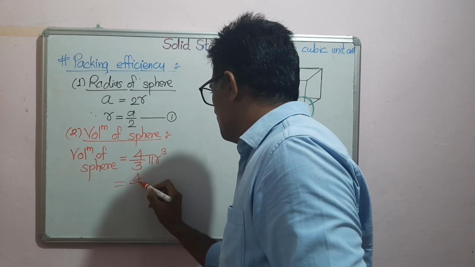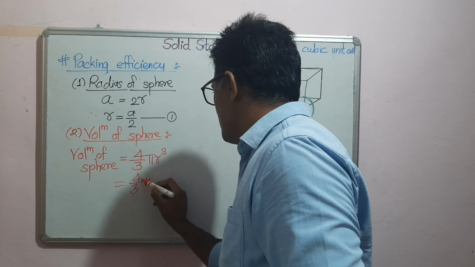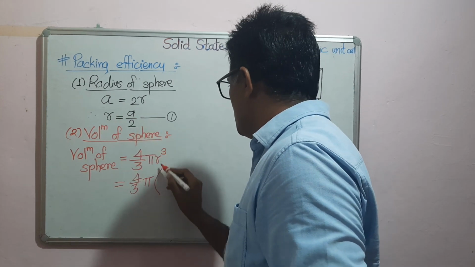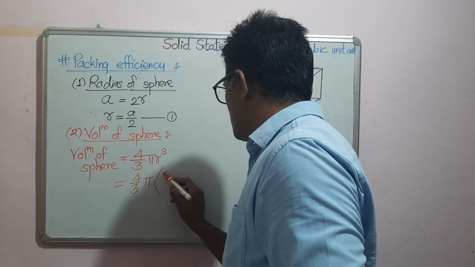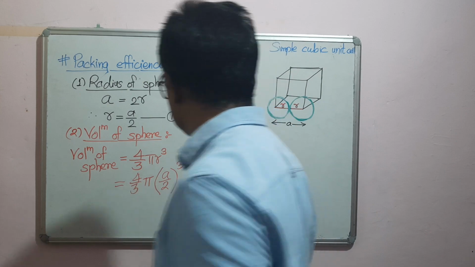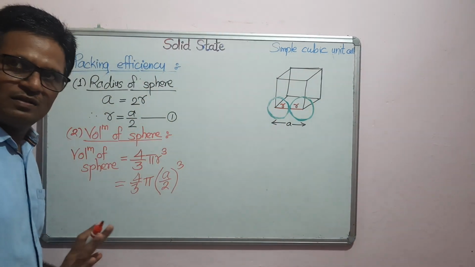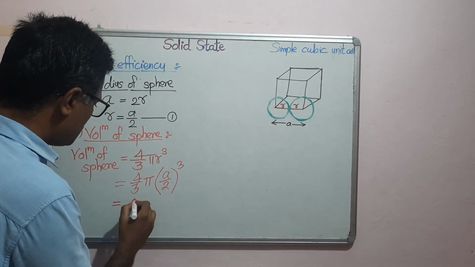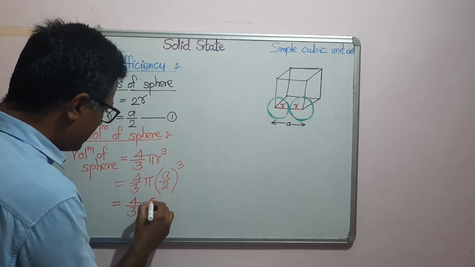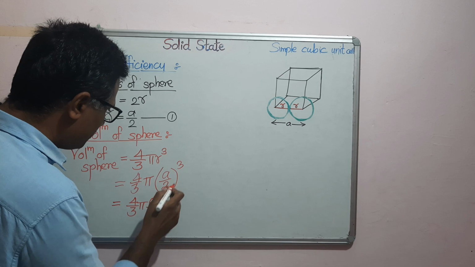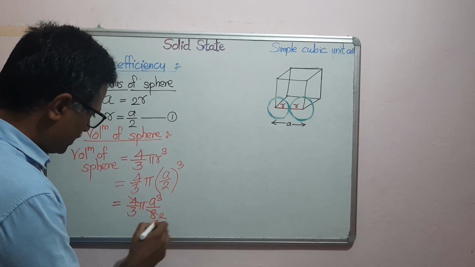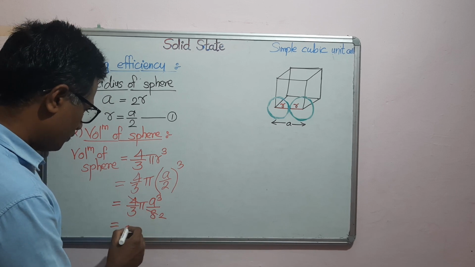So what do you get? 4 by 3 pi and r. Put the value of r, a by 2, instead of this r. So a by 2, then cubed. Then just do the calculation. 4 by 3 pi, then a cube, and this becomes 8. 4 2s are 8. So what do you get?